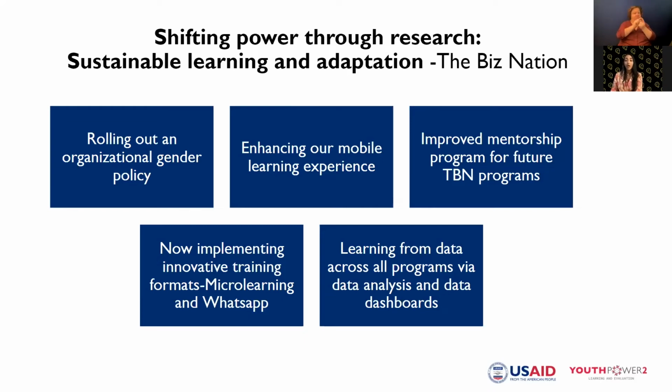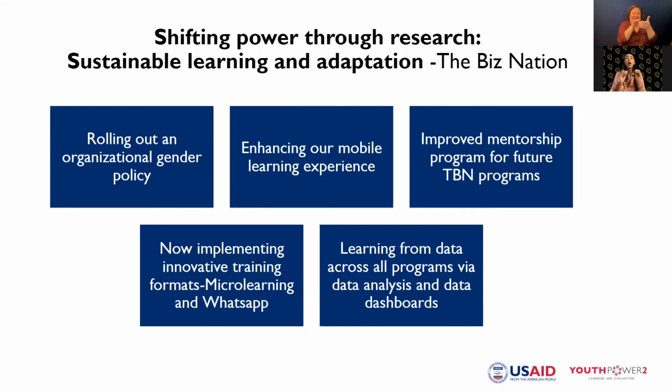Number 2, enhancing our mobile learning experience is a priority of ours. We now know that 68% of participants access online programs through their phones. This is probably going to continue being that way until something crazy happens with the metaverse or something like that. But while that happens, we need to adapt our content to be very user friendly and provide a great user experience over the phone.